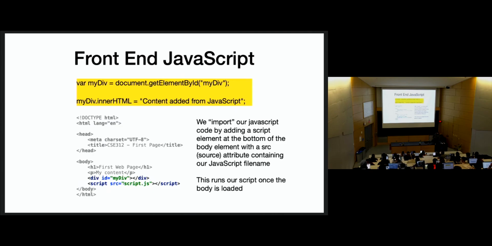So this is going to make a request for that script, and we usually put this at the end of our body. There are different ways to solve this problem, but this script runs as soon as it's downloaded. And if this script runs before the element named myDiv exists, this script doesn't do anything. It doesn't find that element, and we'll get an error. So we want to make sure this div loads before the script. We can do that by putting it at the bottom of the body.